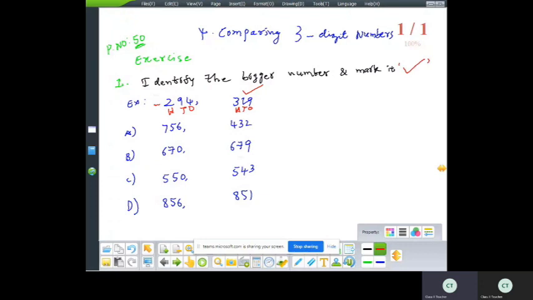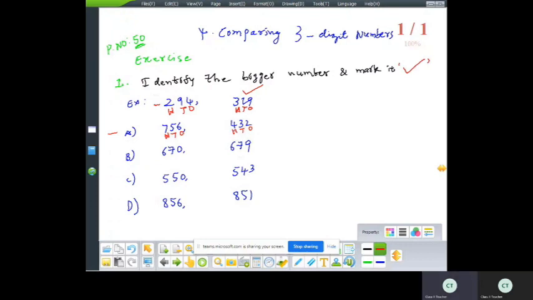Now A: 756, 432. Again we look at place values: ones, tens, hundreds.